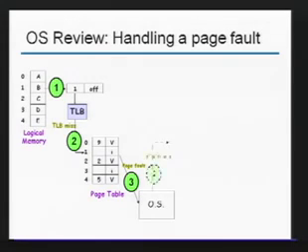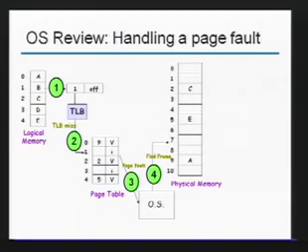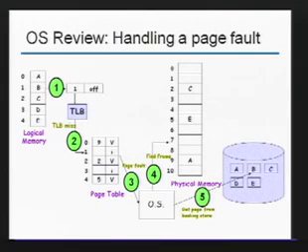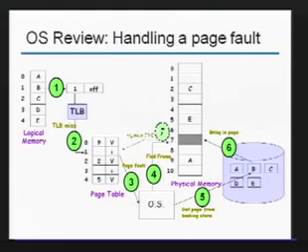So the operating system will then go to its physical memory map and pick out a free physical frame, in this case frame 7. It'll also check its backing store, maybe the disk, to see if that page used to be in memory but was swapped out to disk to make space for something else. If it was, then it'll bring that page back in, and then most importantly, it'll update the page table to reflect that now there's a physical page backing that logical one.